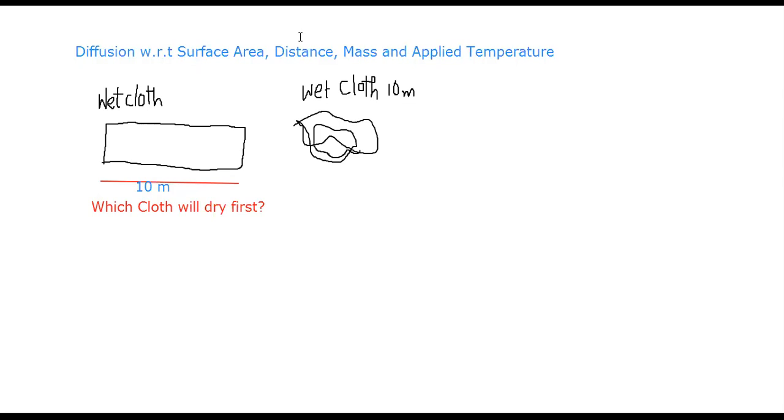Let's suppose these are the water drops. These are the water droplets. The blue shaded area, basically these are what?